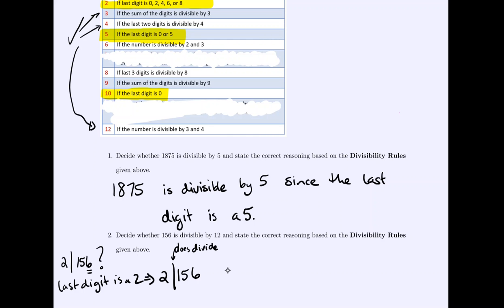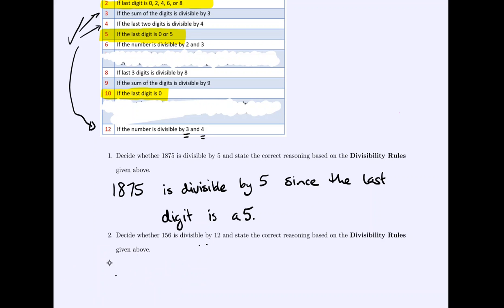Oh, sorry, I said this for 2, but for 12 it's divisible by 3 and 4. I think I was trying to check if it's divisible by 6. So while that's the correct reasoning for 2, that's not what the question asks, so let's go back and start correctly with is it divisible by 3. So can 3 divide into 156?